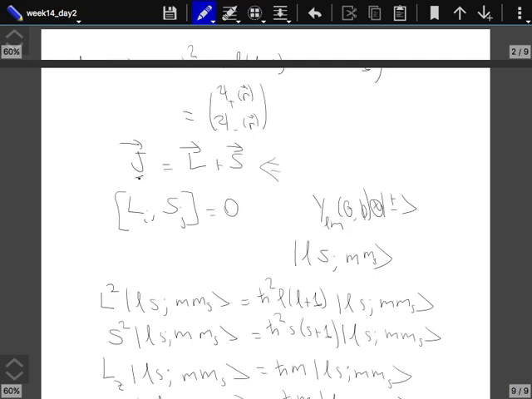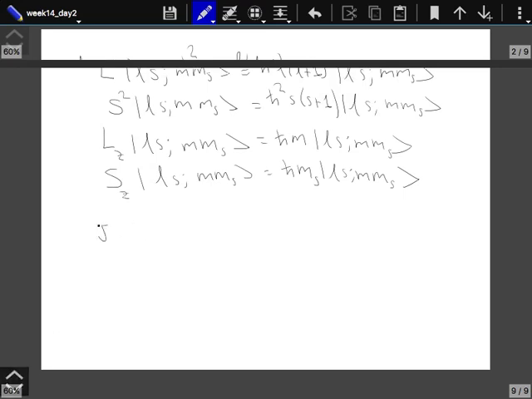And J, again, its eigenvalue should be h bar squared j(j+1). Now, if we want to find the eigenstates of J squared and the components of J, we have to somehow identify a maximum set of commuting operators. What is commuting with which one, so that we can diagonalize everything together.